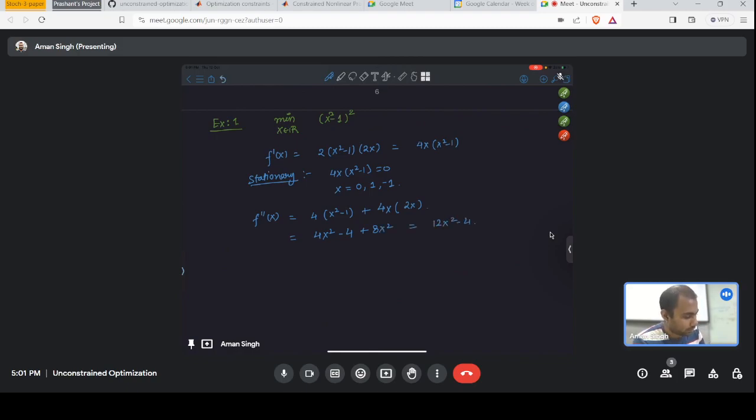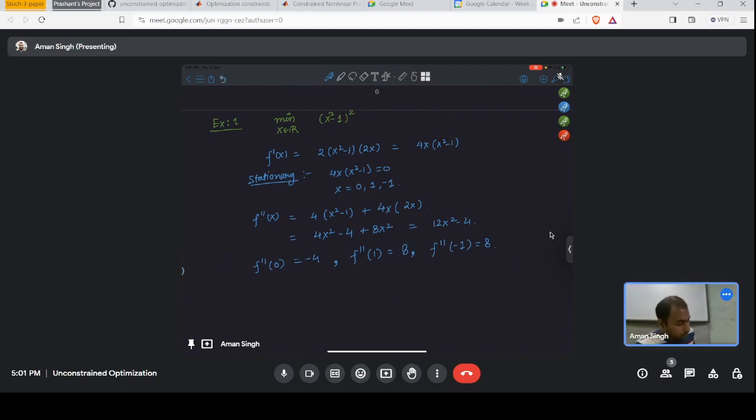This is the double derivative. So f double dash 0 equals minus 4, f double dash 1 equals 8, and f double dash minus 1 is also equal to 8.